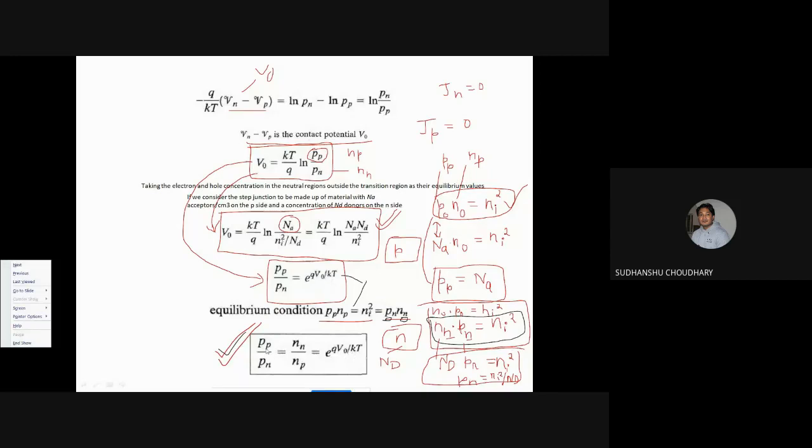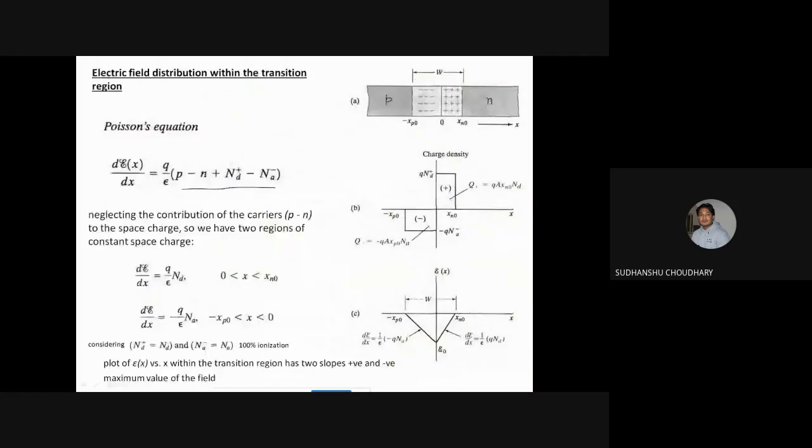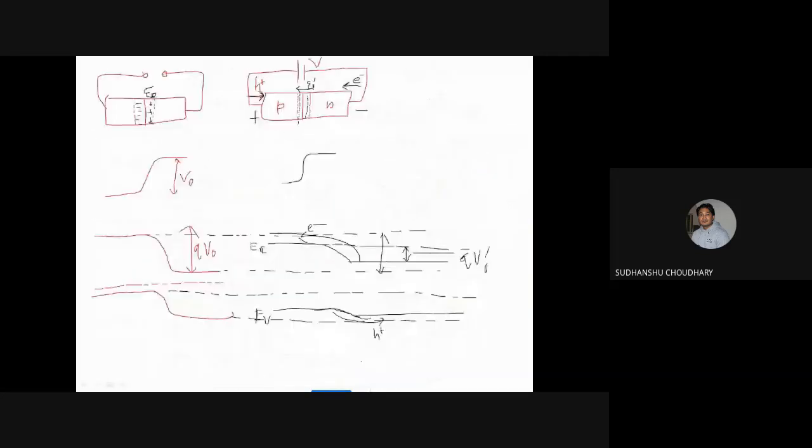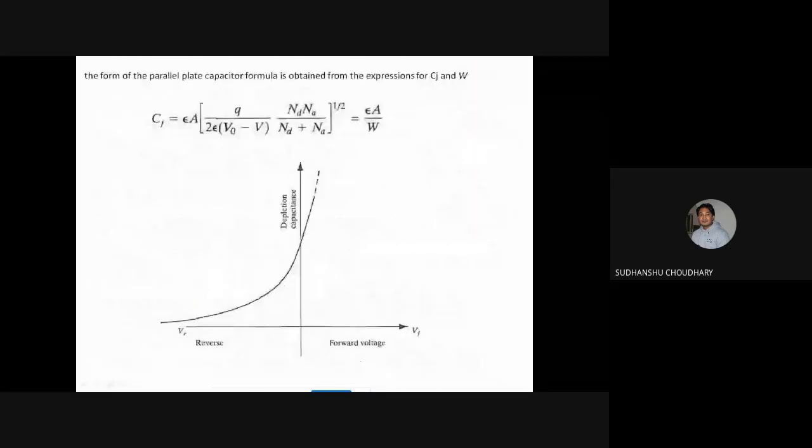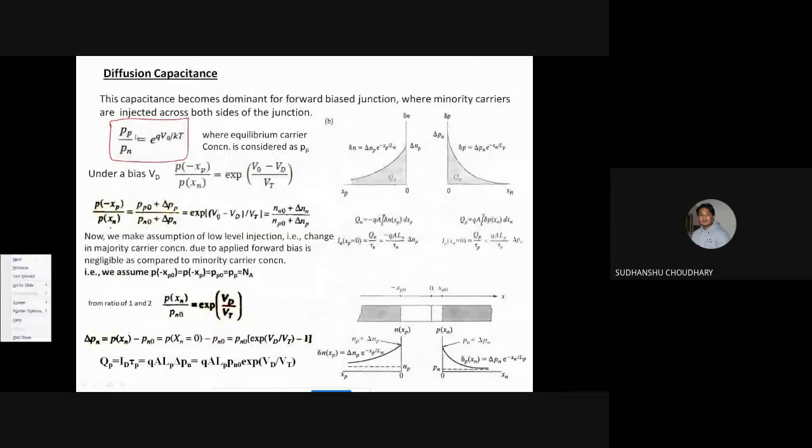Here PP is the equilibrium hole concentration on the P side, Pn is the equilibrium hole concentration on the N side, Nn is the equilibrium electron concentration on the N side, and Np is the equilibrium electron concentration on the P side. I have simply copied this relation for the calculation of diffusion capacitance.